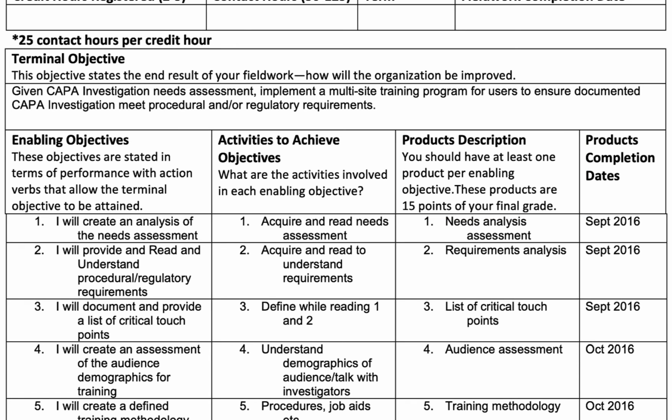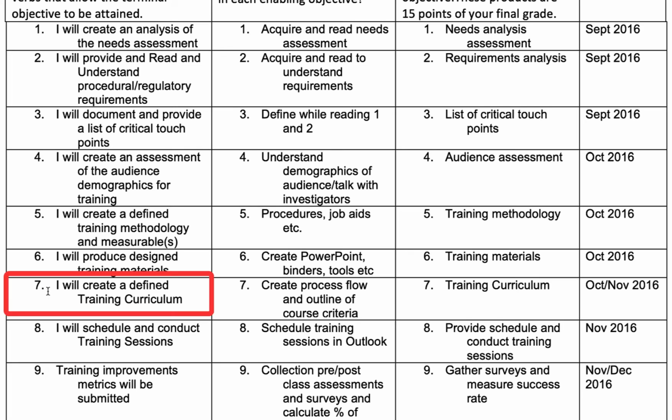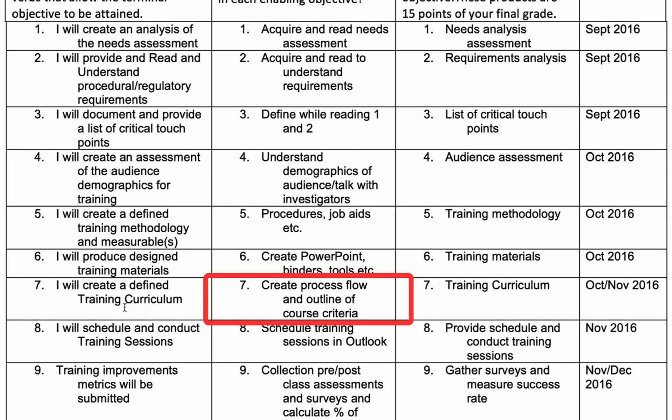So let's take a look at a couple of them. Objective 7, I will create a defined training curriculum. So what are the activities? Going to create a process flow and outline of course criteria. Product is going to be a training curriculum, and then the suggested due date. So let's look at objective number 8.